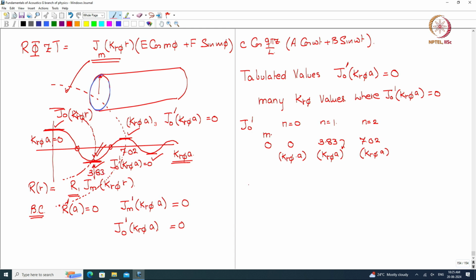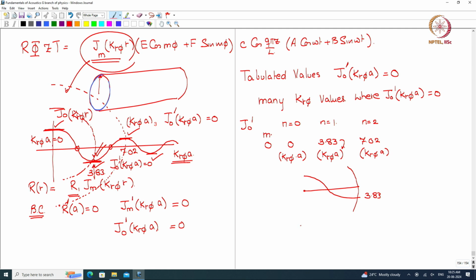Okay. So from the center to the radius, this is the r function, right. So it starts off at a peak at the center, it goes through a 0, it goes through a maximum at the radius. This is 3.83.